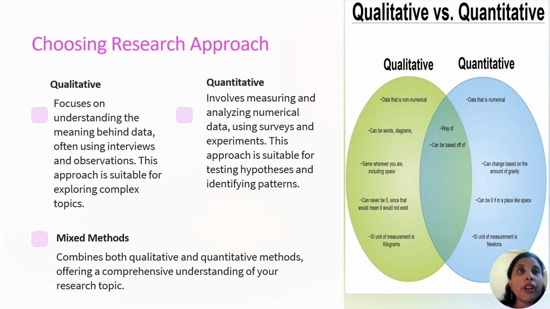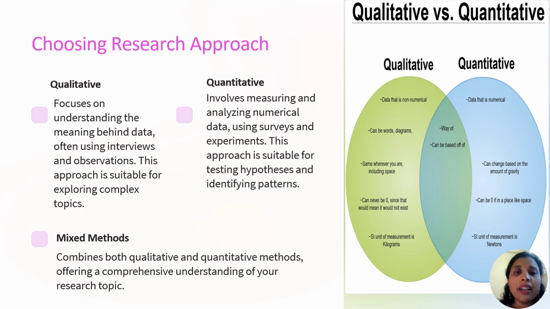So it's more of abstractive data, more of an observational data-based type of study, and it is used for very complex topics, like a psychological study, or a deep investigative study, where you need to come up with some reasoning of why people like or do not like a particular product.